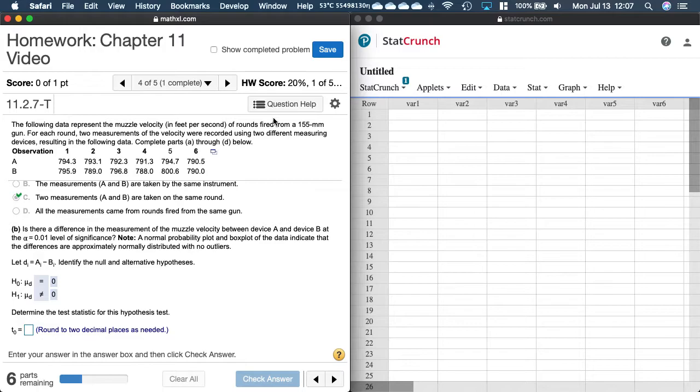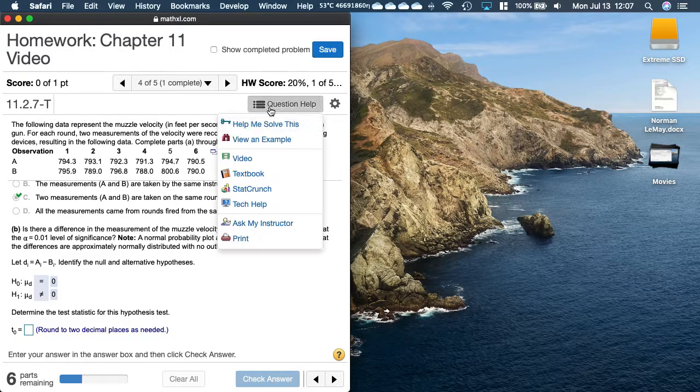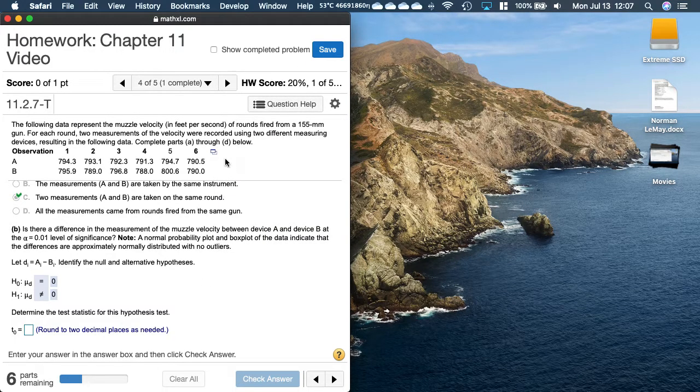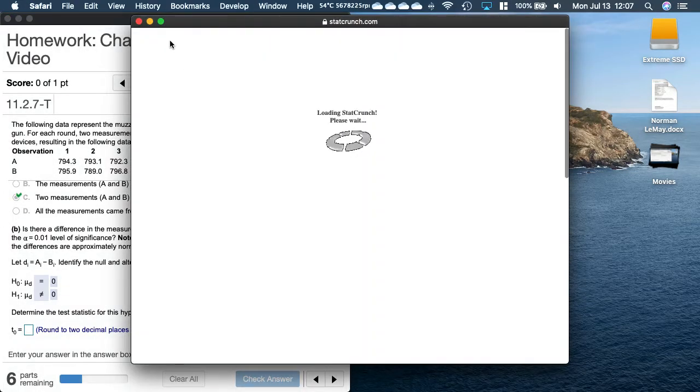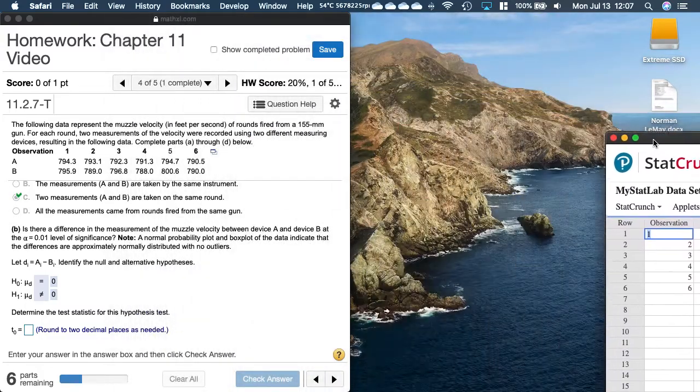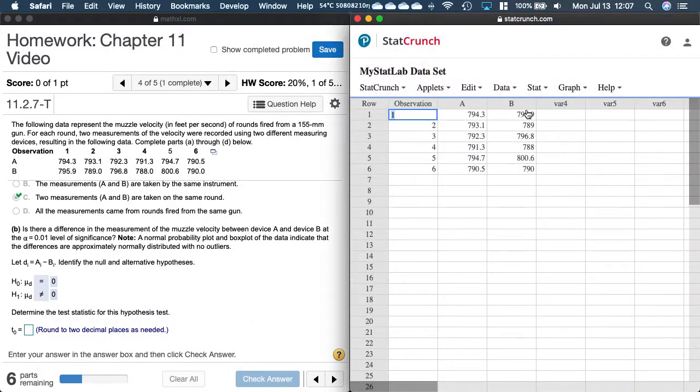Here we need to get rid of that window and open up our StatCrunch window. Let me see if we can put the windows side by side.